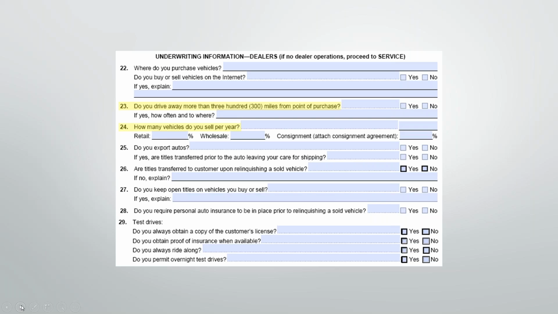If you're selling at wholesale prices and you're selling it to the public, you're going to go into the retail category. So please, make the client understand that so that the application comes in correct to me. There is a little bit of a surcharge for a wholesale auto dealer, and I don't want to be adding on that surcharge if it's not needed.